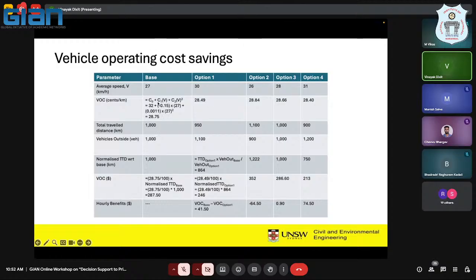Literally, you put the average speed into these and you get that. You also have the number of vehicles from the previous step, and you end up getting the hourly benefits. Comparing the hourly benefits, again what you find is that option 4 is the best.